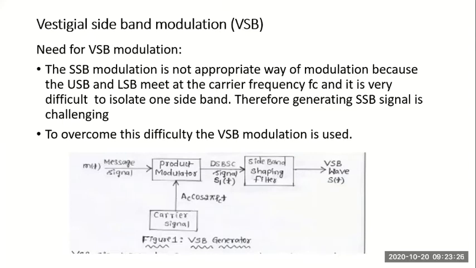So for that transition band where the filter rolls off from maximum to minimum, we had to make some provision. Some spacing should have been there between the two sidebands. That's the reason we used all those signals which did not have low frequency content.